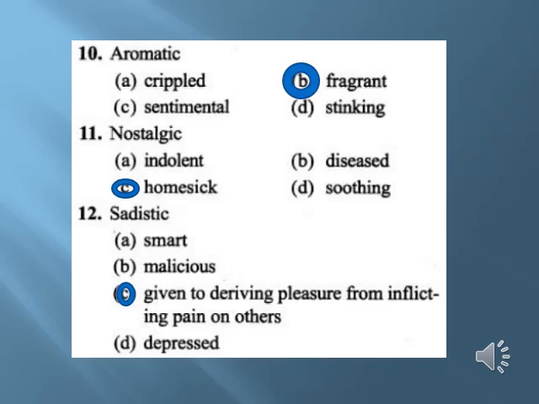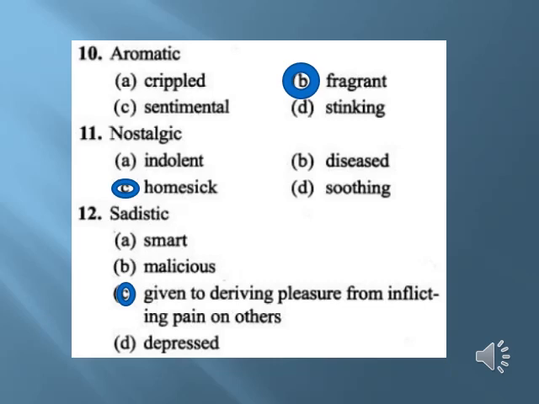The twelfth one we'll take up. Sadistic: smart, malicious. What does malicious mean? Somebody who intends to do harm, spiteful, malevolent. Now, given to deriving pleasure from inflicting pain on others. So the one who enjoys when somebody is in trouble or in pain, that person is sadistic.